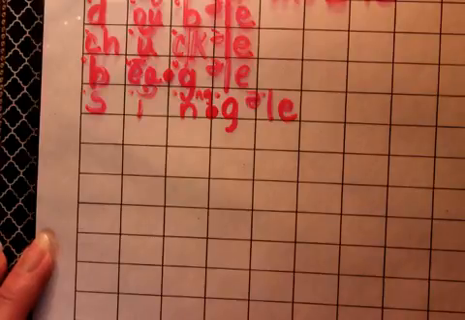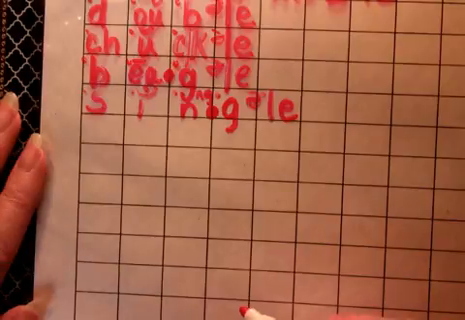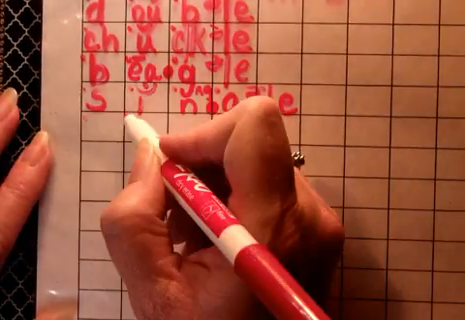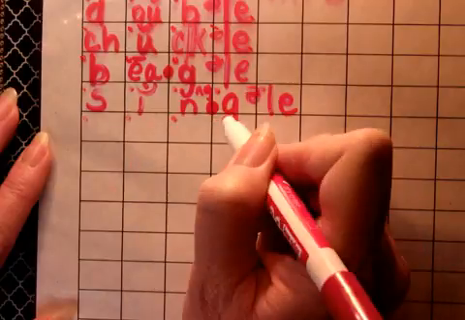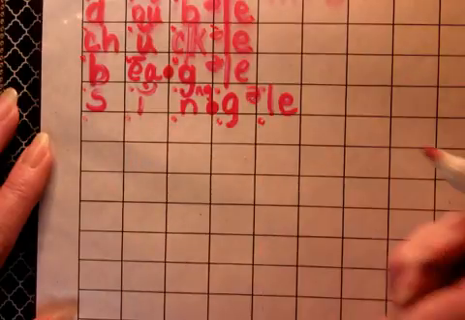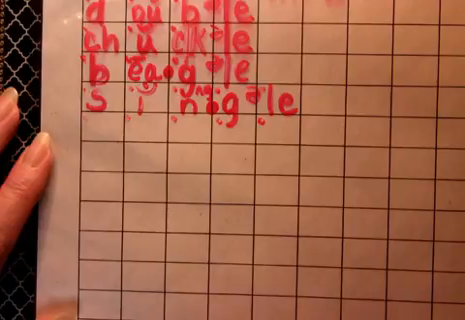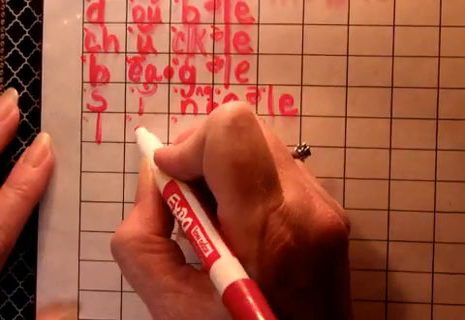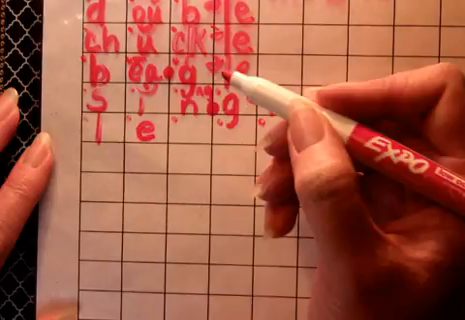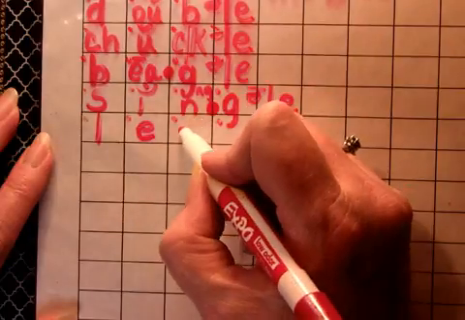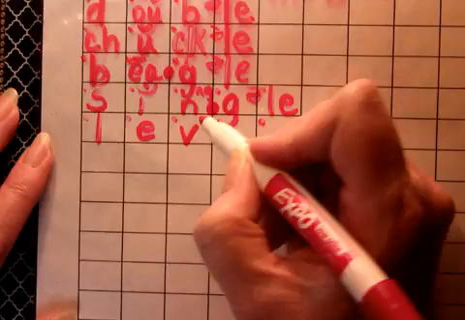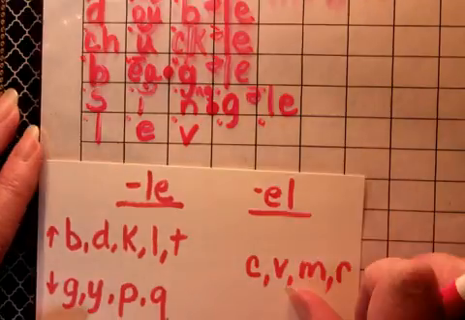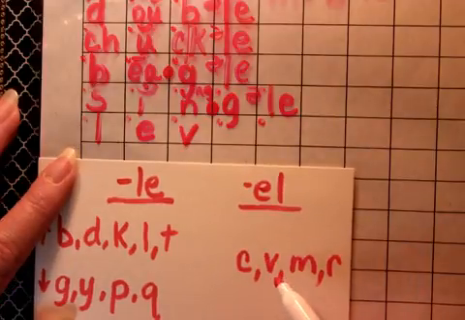The first one we'll do is level. I need to level the picnic table. L, E, V. The first sound is L. E, like egg. It's the V. L is one of those short letters.